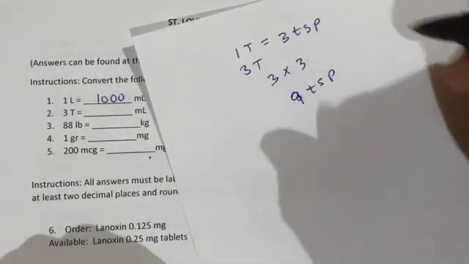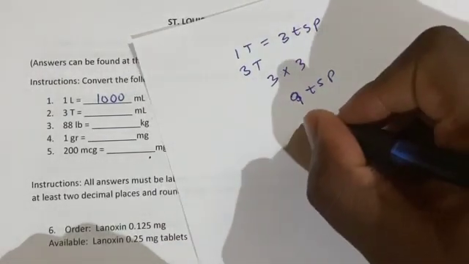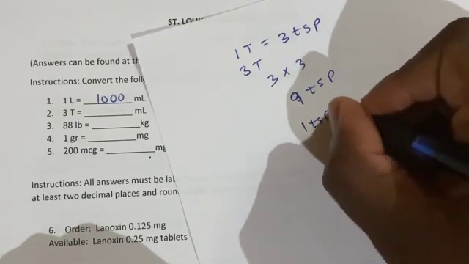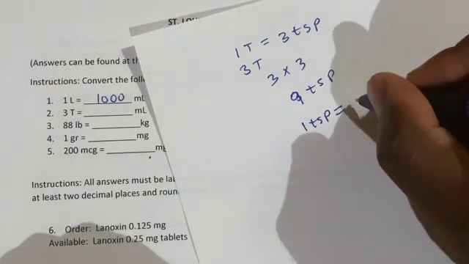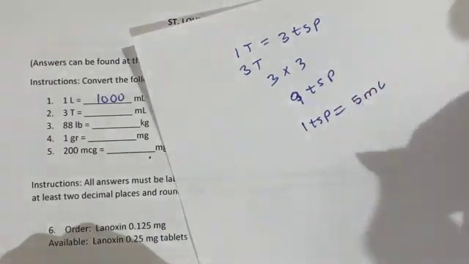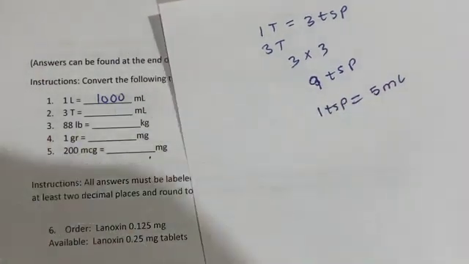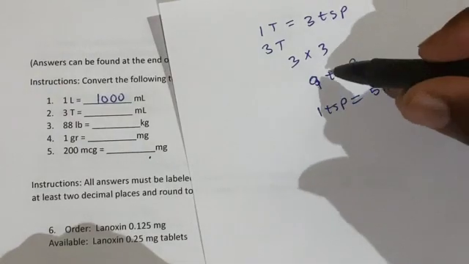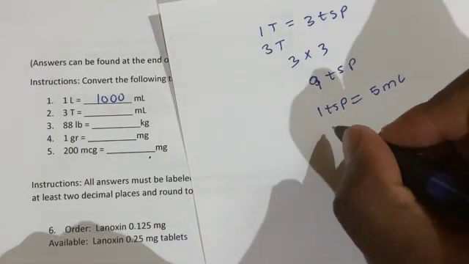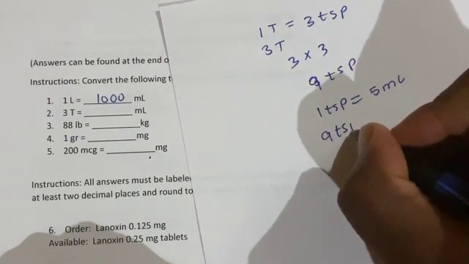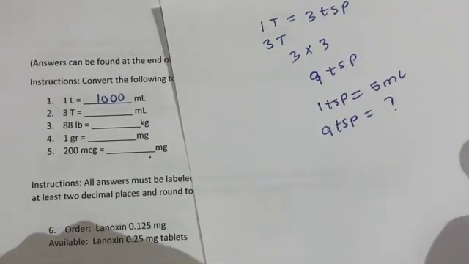Then we find out 1 teaspoon is the same as how many ml? That one we know is 5 ml. But we need to find how much is 9 teaspoons. So 9 teaspoons is the same as how many ml?